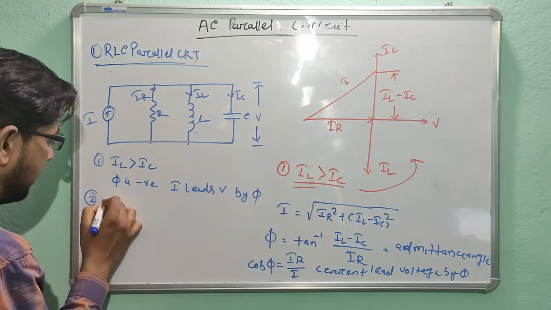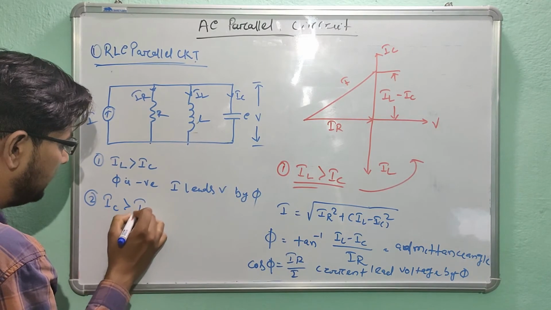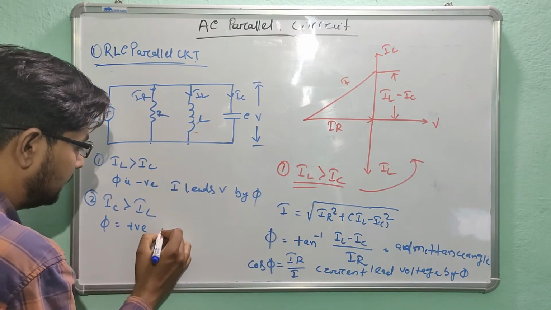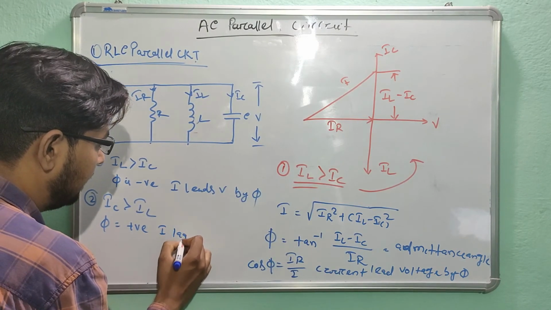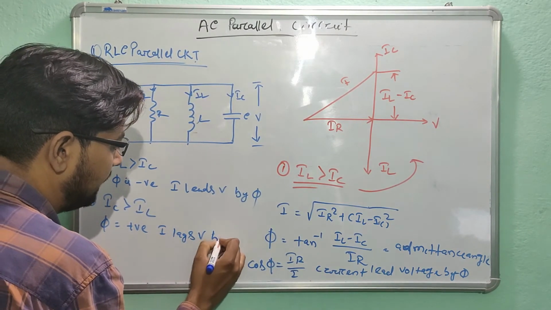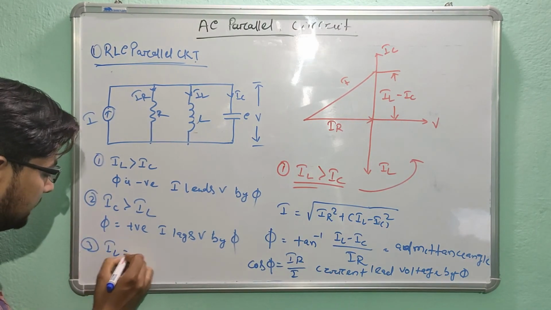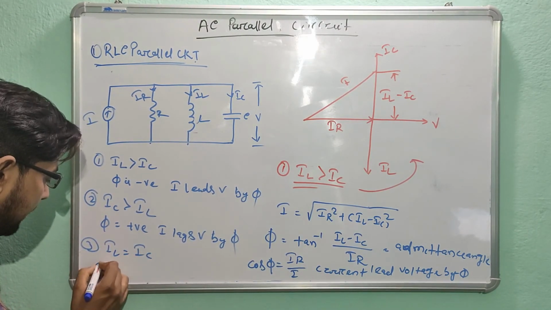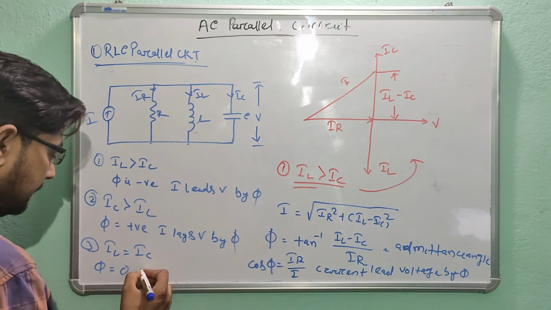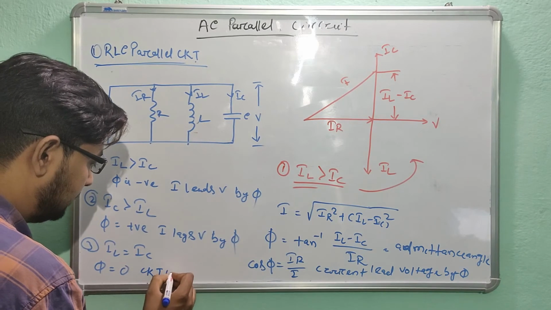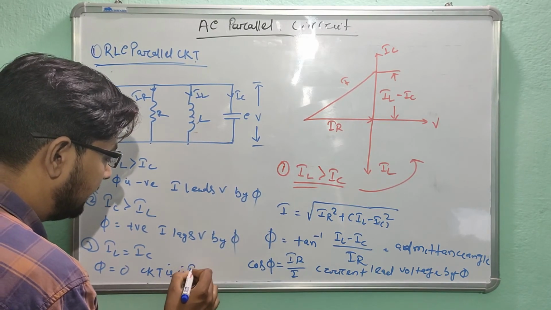Number 2: if IC is greater than IL, then phi is positive, that is I lags V by phi. And number 3: if IL is equal to IC, then phi is equal to 0, that is your circuit is in resonance condition.